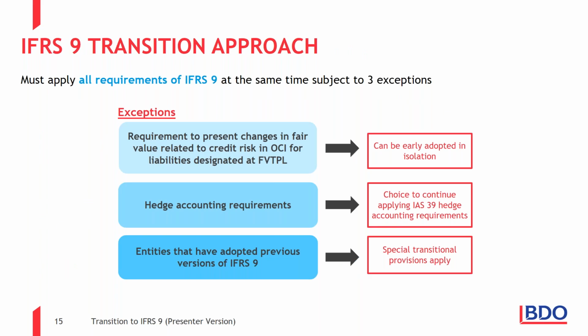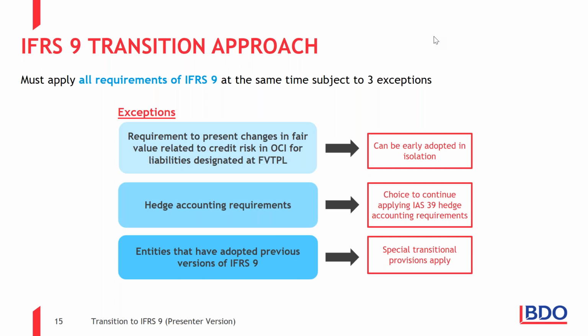And therefore, they've said, listen, at this stage, if you have ignored all the previous versions of IFRS 9, and you are now, for years beginning on or after 1 January 2018, deciding to adopt, because it's mandatory, and apply IFRS 9, you have to look at all the requirements. You can't pick and choose.